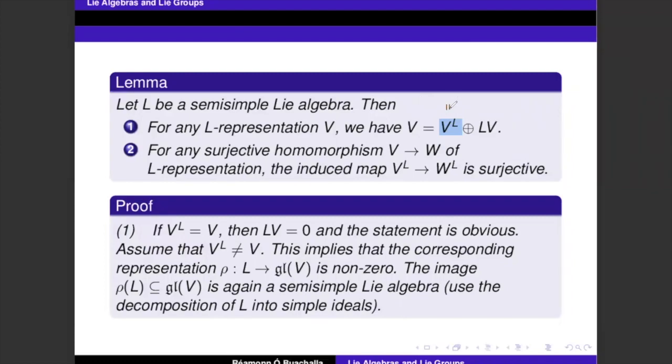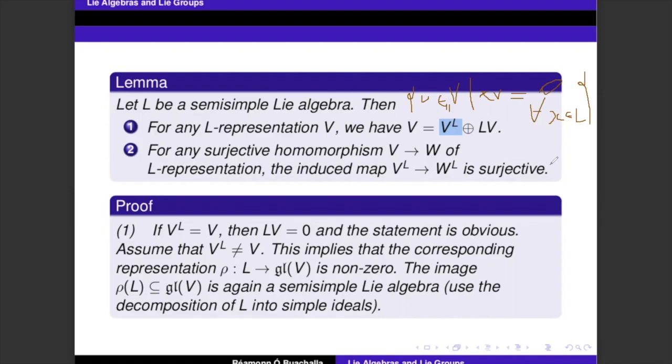V^L is just going to be equal to the elements v contained in V, such that xv is equal to 0 for all x in L. Okay, they're the elements that are killed by everything in the Lie algebra L. And what this is saying is that you get a canonical decomposition of any representation of a semi-simple Lie algebra into the zero part and LV. Seems reasonable, but proving it takes some work.